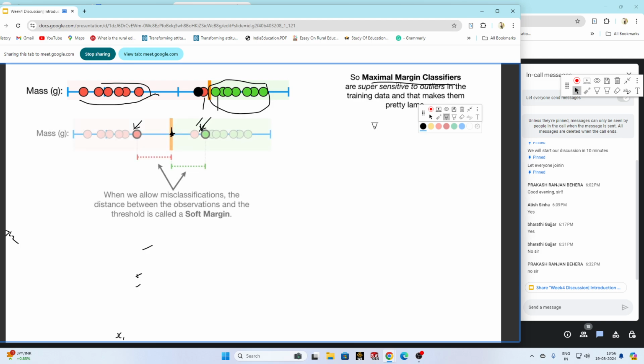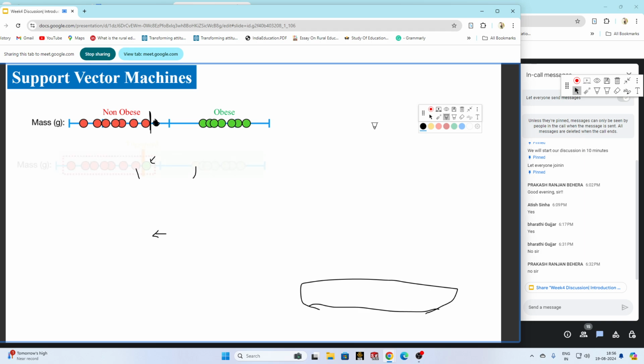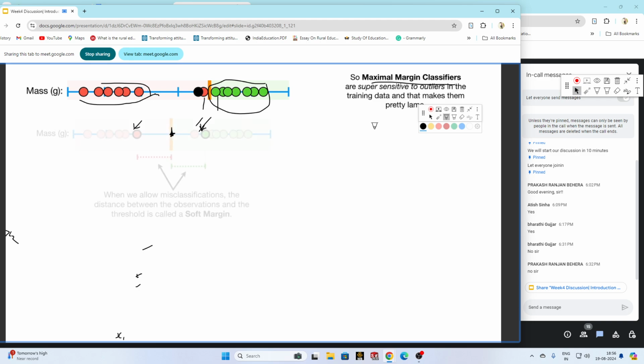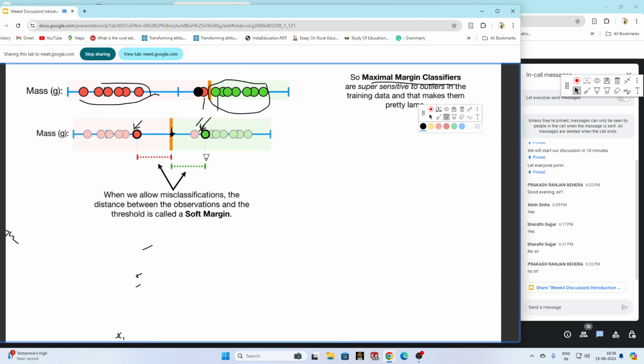To get rid of this, we have introduced the soft margin. Earlier we were talking about margin, which is the distance between the extreme point and the threshold. But now we are introducing the soft margin. What the soft margin does is it takes care of the misclassified point. It does not consider this misclassified point, so our extreme points are considering this and this.